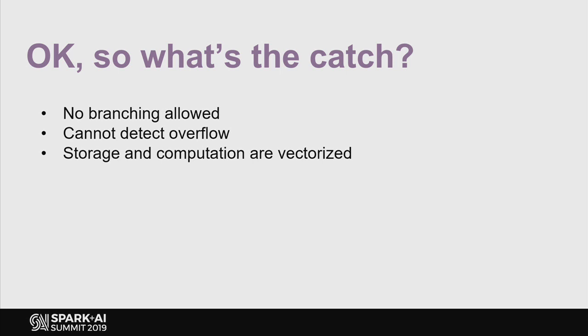So there is no branching possible. You can't have any conditional statements, really. If you want to create an if statement, you have to actually evaluate both branches. So if you think of some machine learning model such as a random forest, where you have a lot of different paths, normally this would be easy to evaluate, but now you would have to evaluate everything, because otherwise you'll leak information about what your values are.